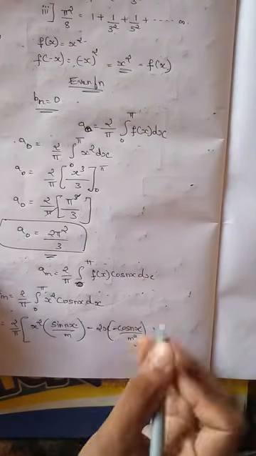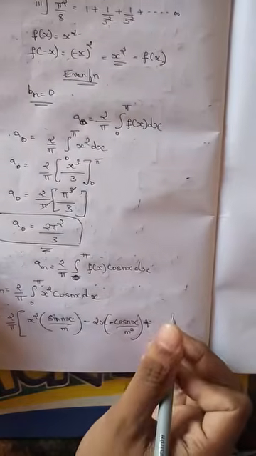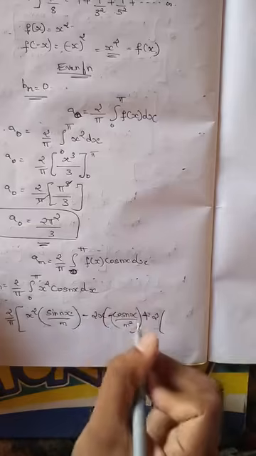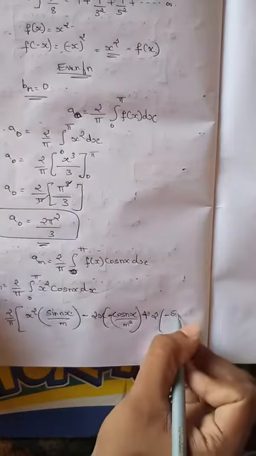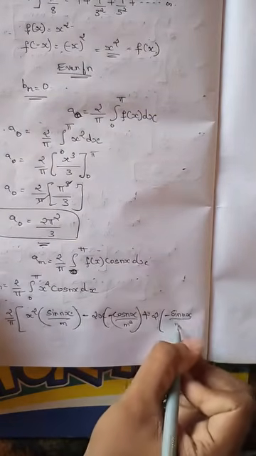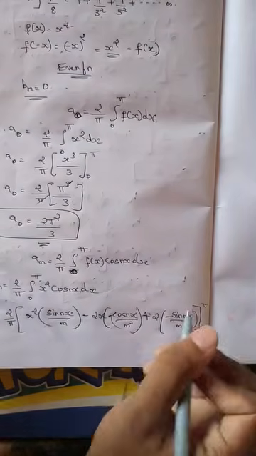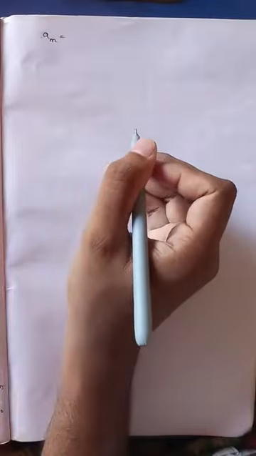So after minus, I said that this will become plus. Then again the differentiation of 2x is 2, into the integration of this function, which is again minus sin nx by n cube, 0 to pi. Let's continue.